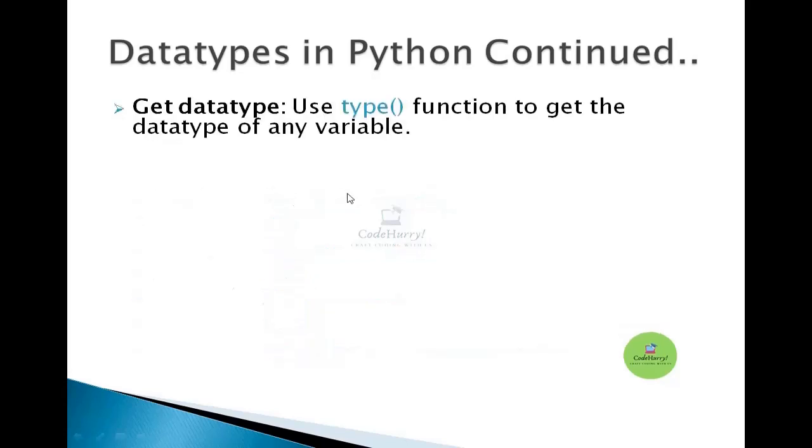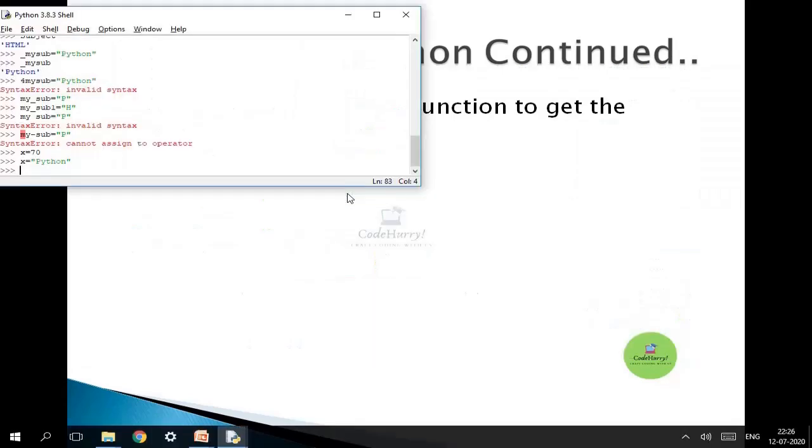Now to get the data type, we can use the type method to get the data type of any variable. For example, if you want to get the data type of variable x, the latest variable x had stored a string value. So type of x gives class str, which means x is of type str.